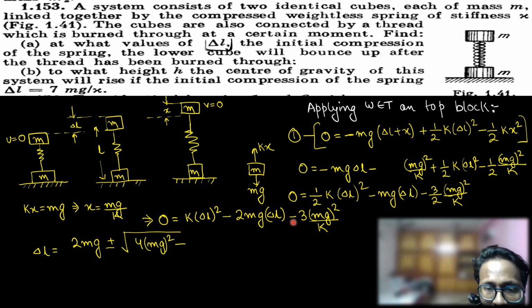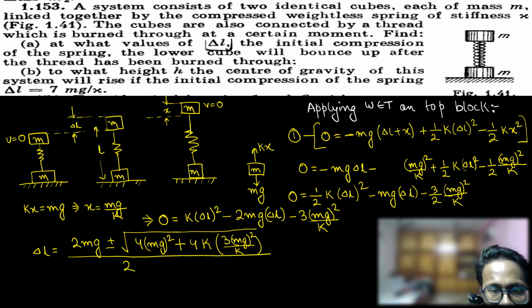This minus and this minus would become plus, so plus 4. What is the value of a? The value of a is K, and c is 3 mg square by K, divided by 2a, 2 into what is the value of a?